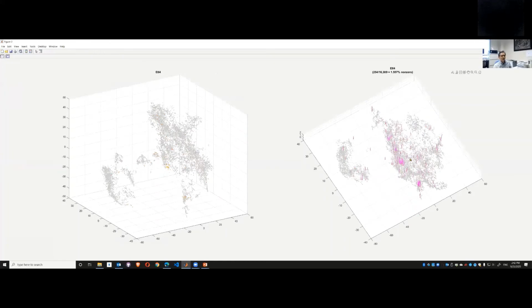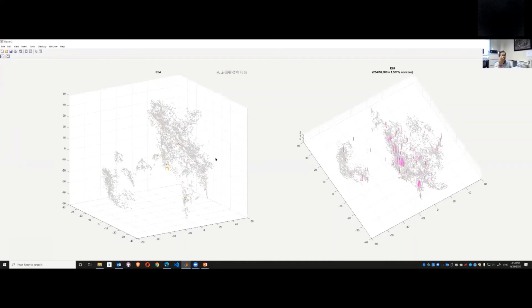This plot is similar to what I showed before. How high this bar is indicates the expression level of that gene. So there is a small group of cells that express this gene really high, whereas the rest of the cells do not have the expression of this particular gene called ETL4. This gene only expresses in 1%, 1.5% of the cells.